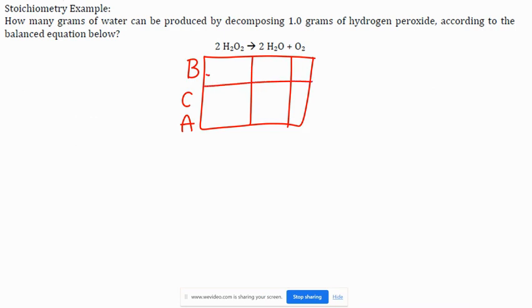Okay, so BC. We're starting out with 0 of each of these. We've got to figure out how many grams this is. So we're going to divide this by mass of hydrogen peroxide, 34. So 1 divided by 34.